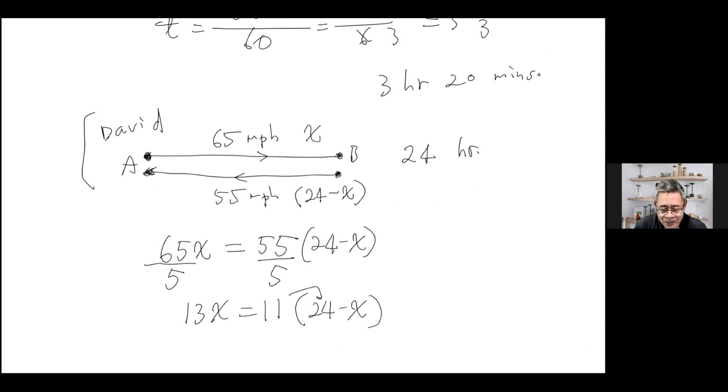That gives us 11 times 24 minus 11X. Normally I don't multiply until the end.